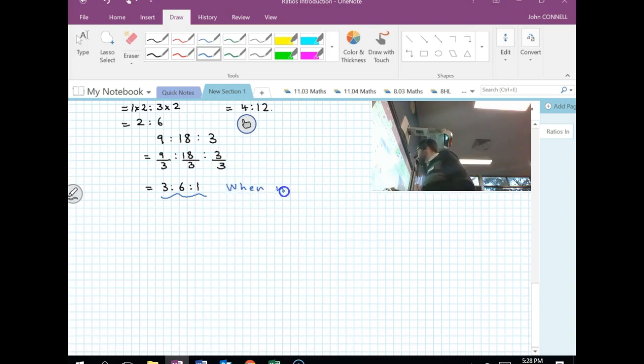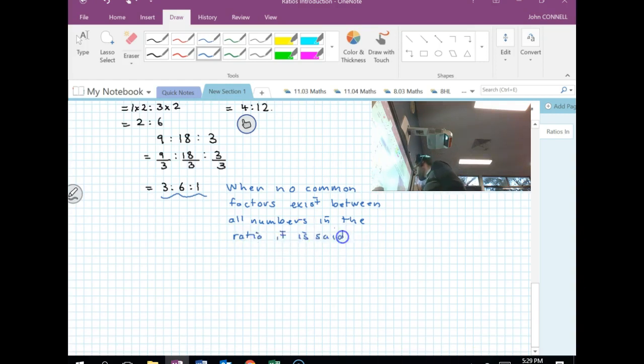When no common factors exist between all numbers in the ratio, it is said to be in simplest form. And that's as much as we need to do today.